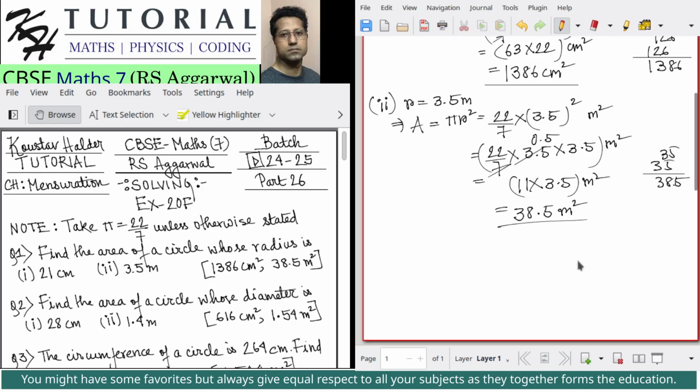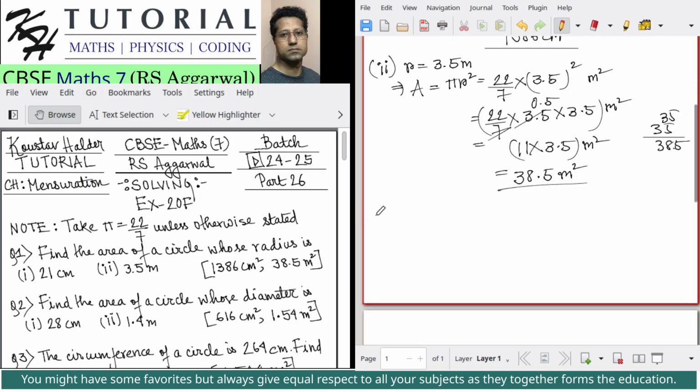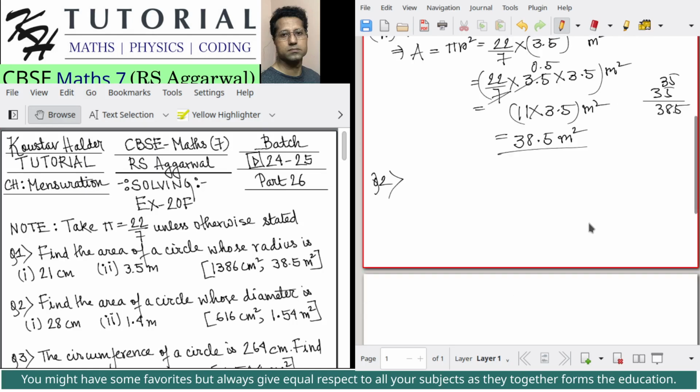Let's see the next problem, question number 2. Find the area of a circle whose diameter is. So this time the diameter is given. Part 1. Now remember that d is given to be 28 centimeter. Now we know area is equal to pi r square.